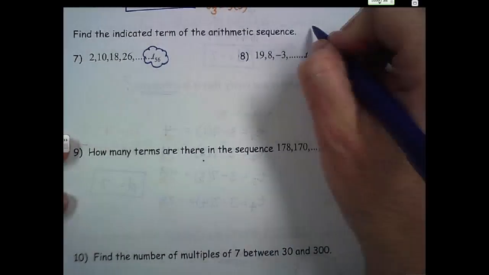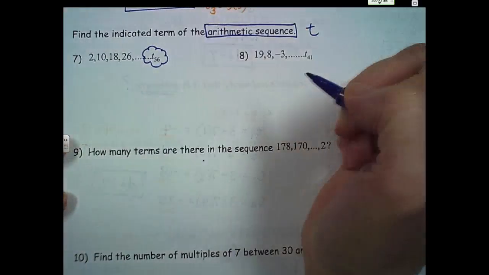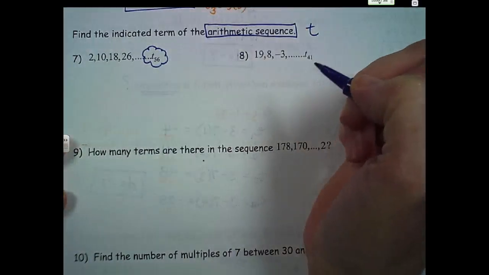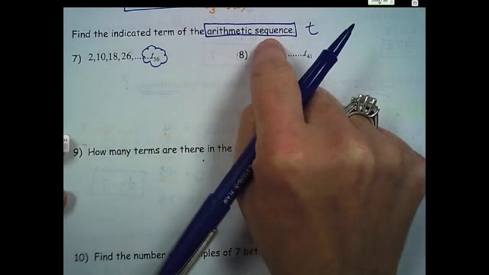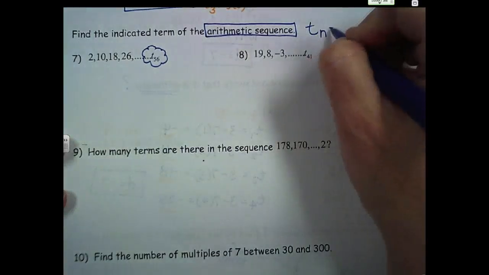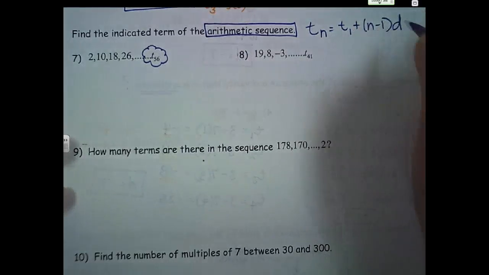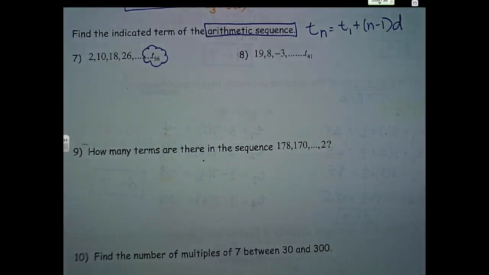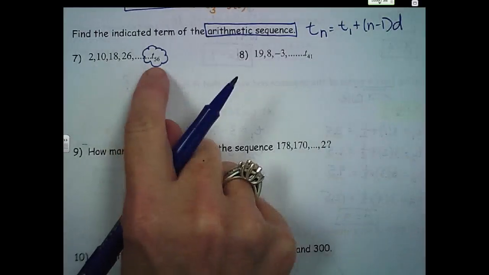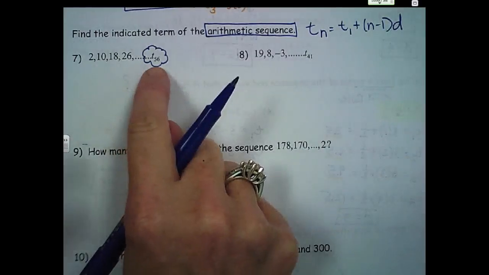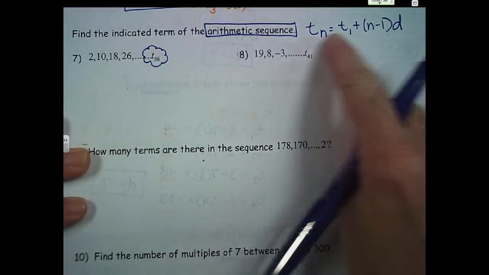For an arithmetic sequence, it's t sub n equals t sub 1 plus n minus 1 times d. That's the formula I'm going to use every time for arithmetic sequences. Let's use it to find the 56th term.